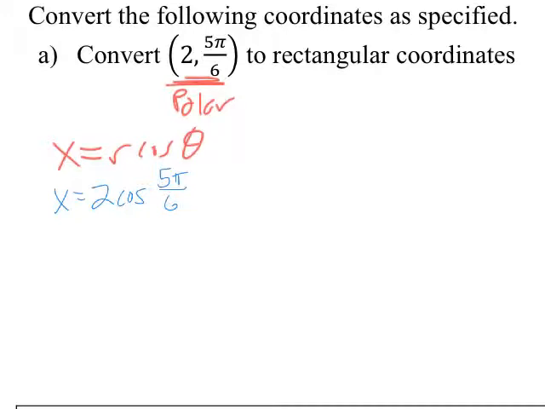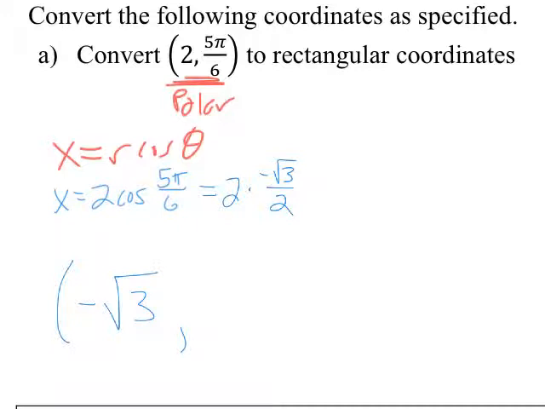And evaluating cosine of 5 pi over 6, we can use the hand trick, and we get 2 times negative root 3 over 2. The 2's cancel, and our x-coordinate is negative root 3.